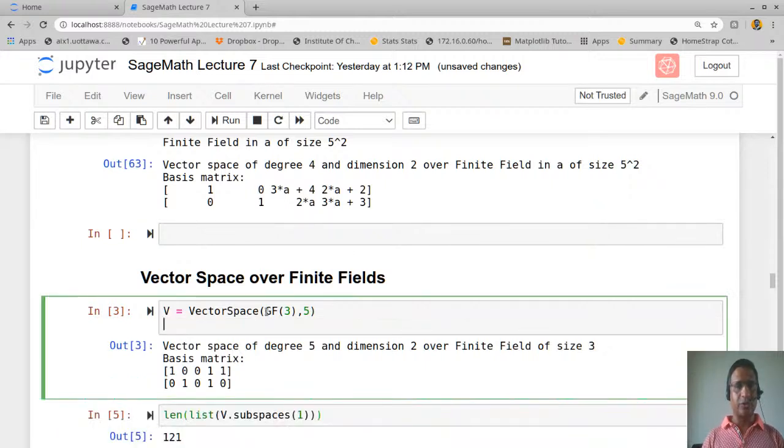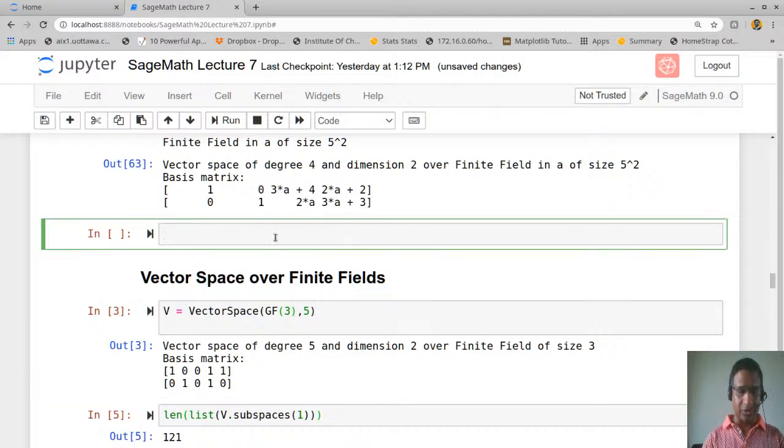So if I have to define a vector space over, let us say, GF3 of dimension 5, then the option is VectorSpace GF3, that is the field, right? And in case we want to take QQ, then we have to say VectorSpace QQ 5, right? So we had already looked at how to define, let us say, QQ5.